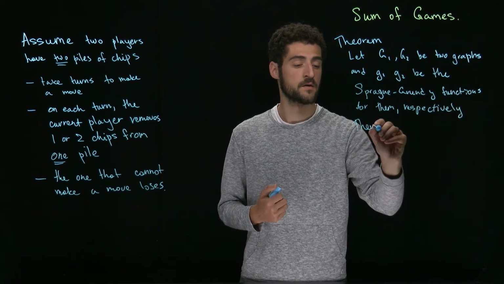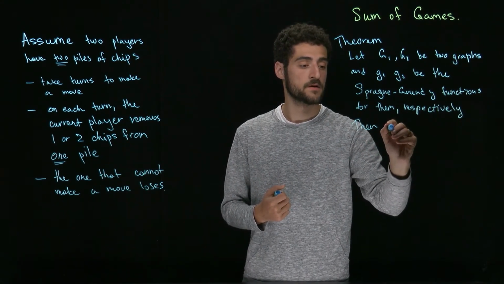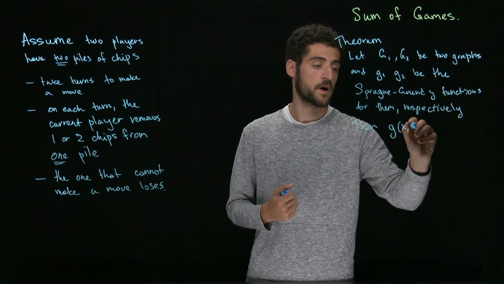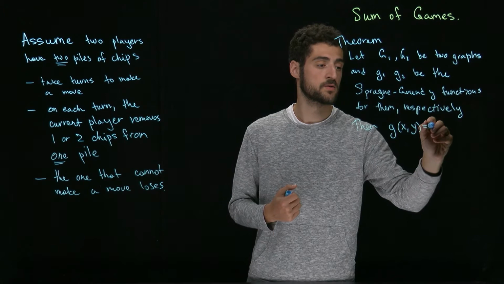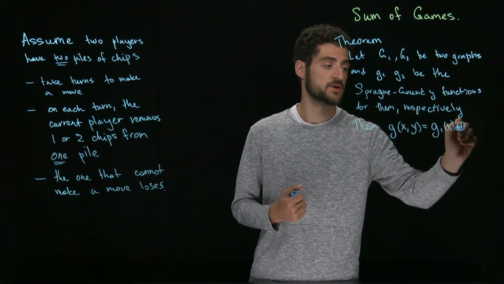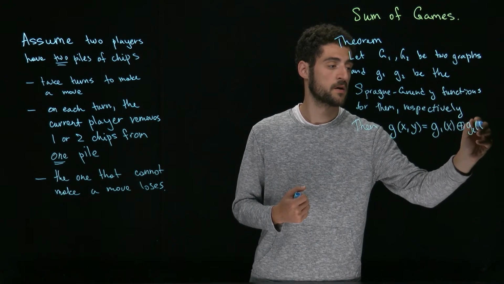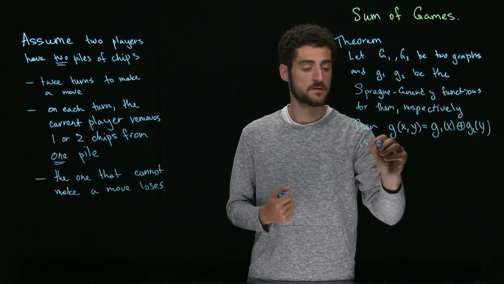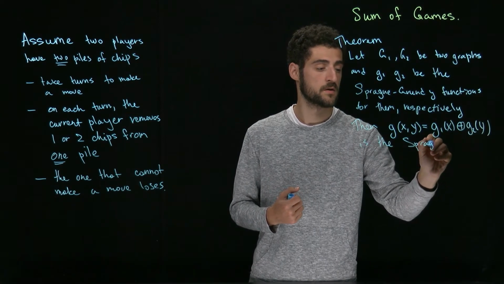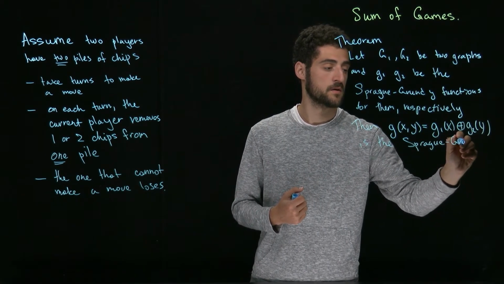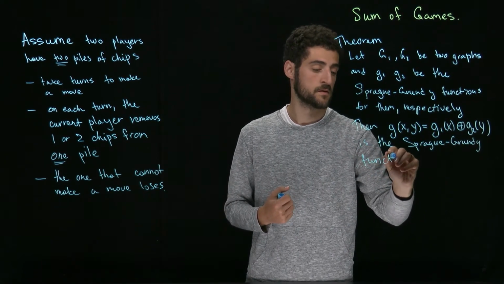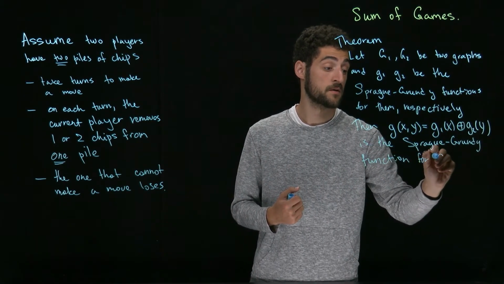Then g of (x, y), that is equal to the nim sum of g1 of x and g2 of y, is the Sprague-Grundy function for the sum.